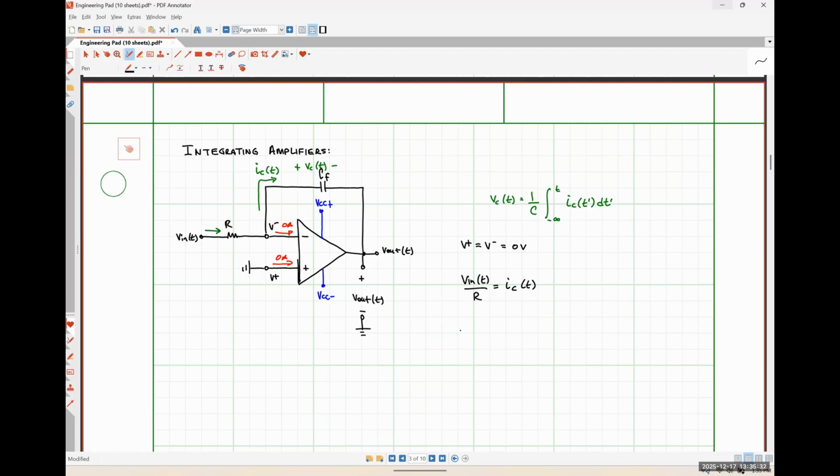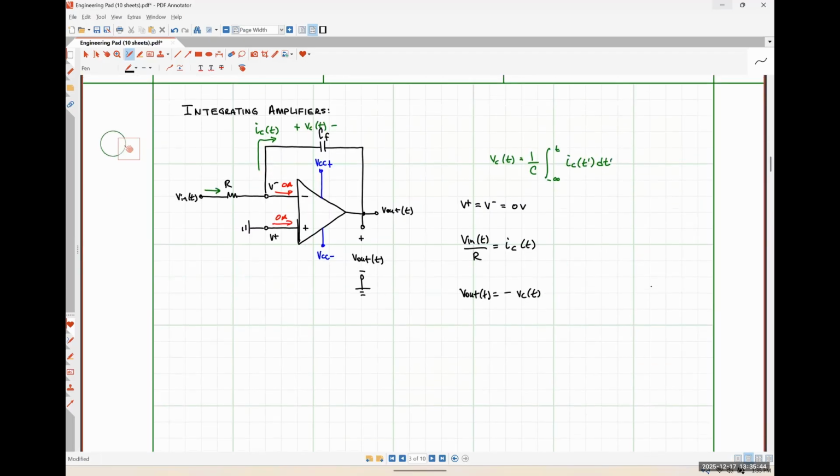So if we say that V out is negative VC of T, and then we substitute in our relationship for the capacitor voltage, excuse me, we'll have V out is equal to negative 1 over C times the integral from negative infinity to T of IC of T prime.